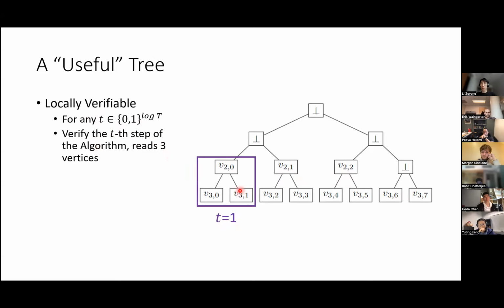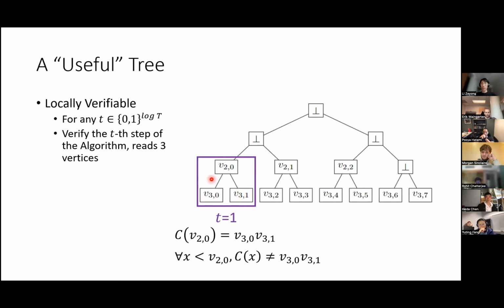So for example, when t is equal to 1, recall that what we do was just invert the vertices and figure out what's the value at this vertex. So we just need to check that this vertex is actually a preimage of these two. And also there is this extra lexicographically first requirement where all smaller values shouldn't be a preimage.